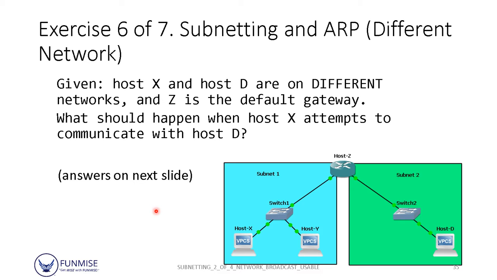Exercise number 6, subnetting and ARP different network. Given host X and host D are on different networks, and Z is the default gateway. What should happen when host X attempts to communicate with host D?